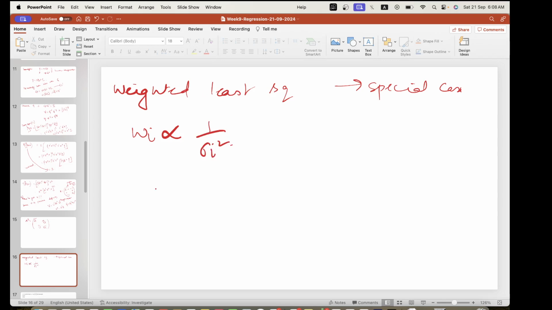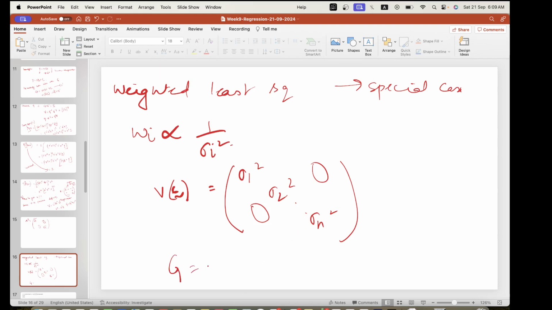So that means the variance of epsilon would be a diagonal matrix with sigma 1 square, sigma 2 square, up to sigma n square, and no covariance terms between the errors.